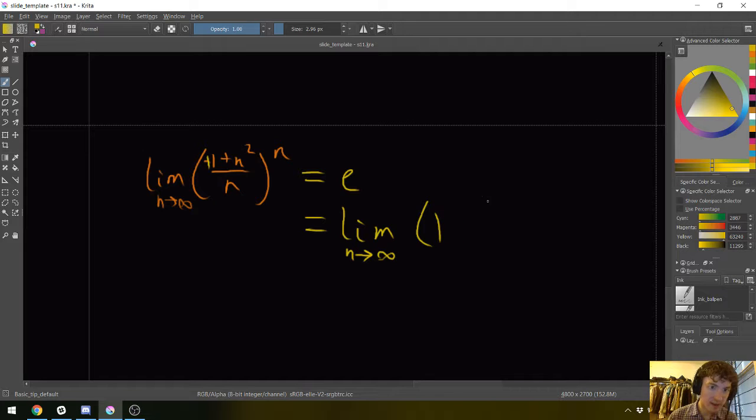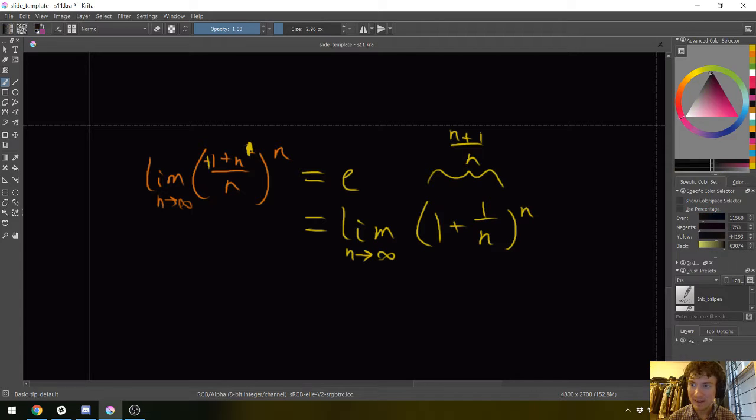Yeah, sorry. I was trying to do algebra in my head and I was messing it up. 1 plus 1 over n to the power n. There we go. So you combined this and said, all right, I'm going to get a common denominator, and that's the same as n over n, which would be n plus 1 over n. Okay, so it shouldn't be n squared, right? It should just be 1 plus n over n. I confused myself.